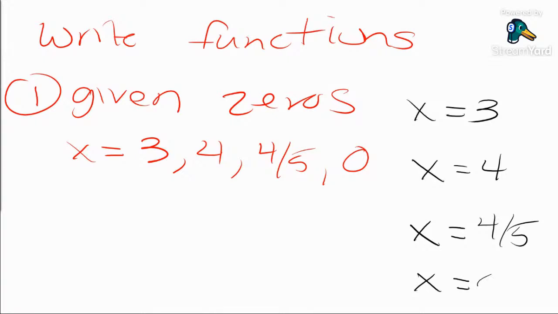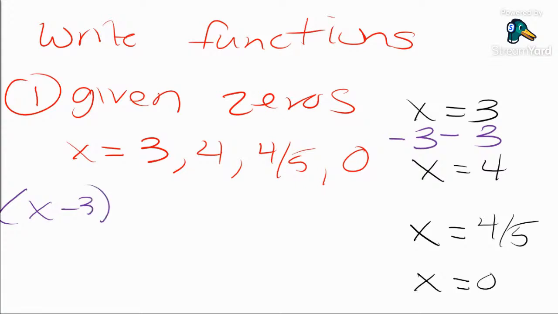So getting everything away from being alone and bringing everything over to the x part. So for x equaling 3, we would subtract 3 on both sides. So we get the expression of x minus 3.